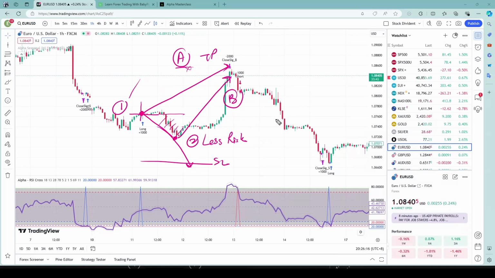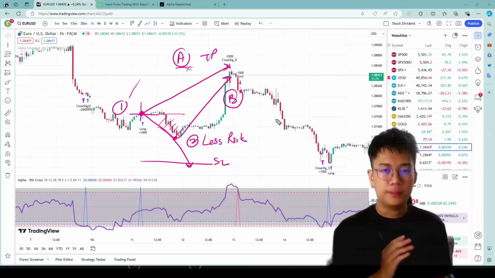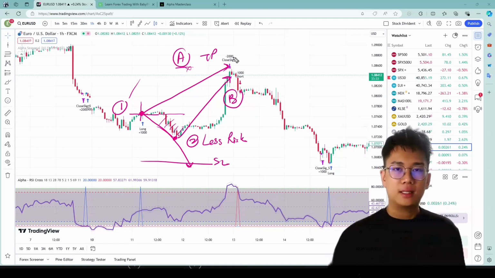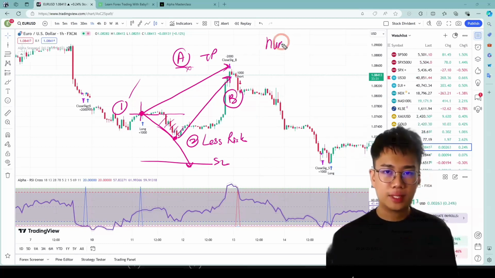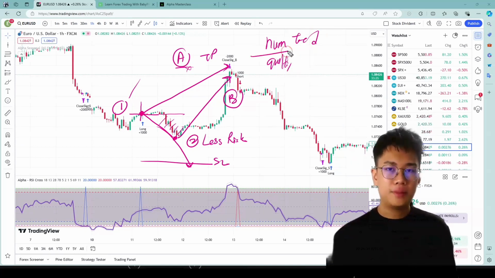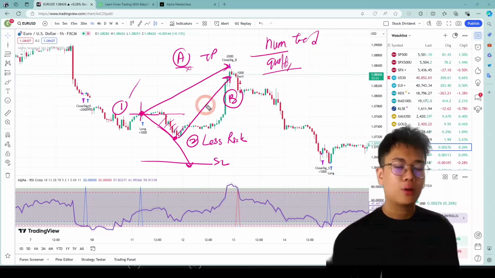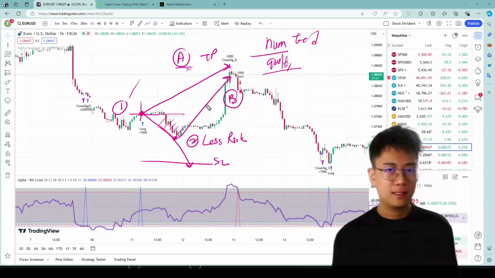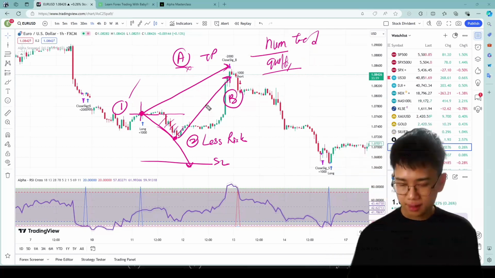Isn't that a 1 hour candle? Gonna wait for the next day, liao. Okay, let me ask these questions. In trading, which one is more important? Is the number of trades more important or the quality of trades more important? Number or quality? Quantity or quality? Quality, right?